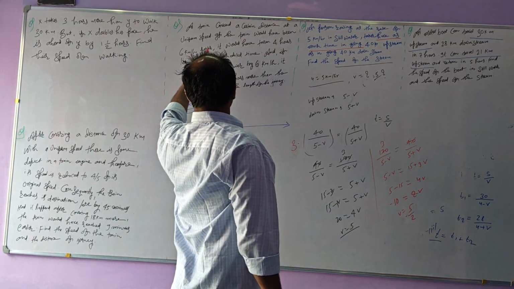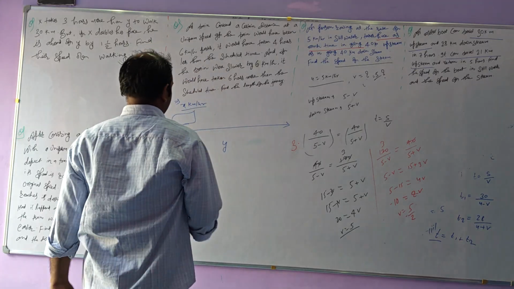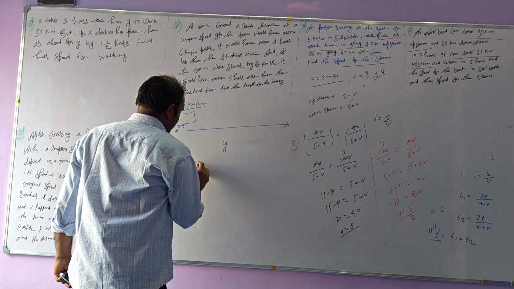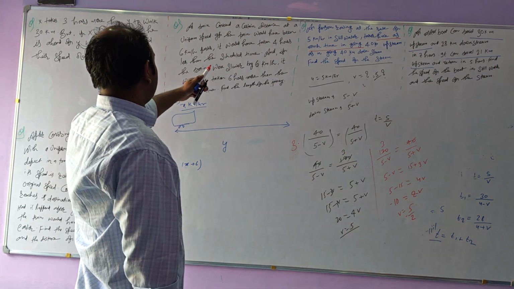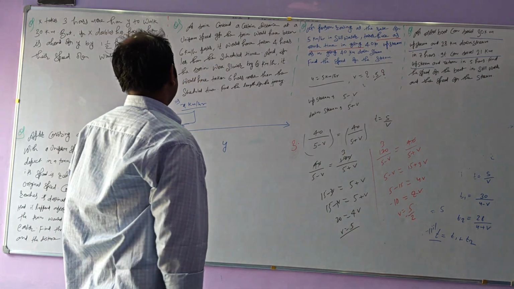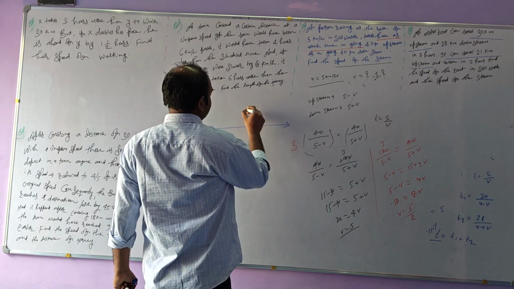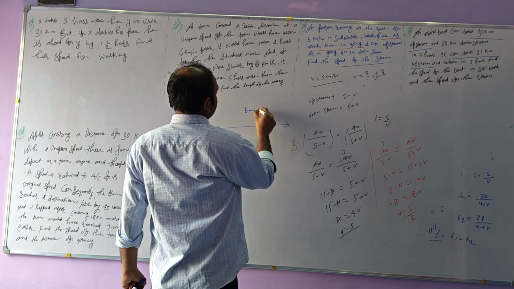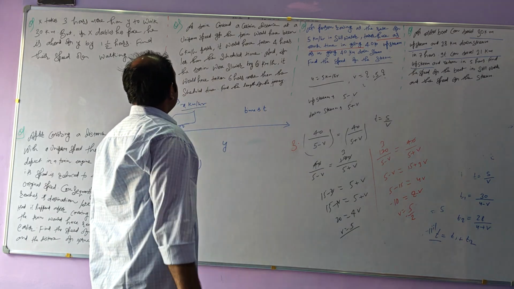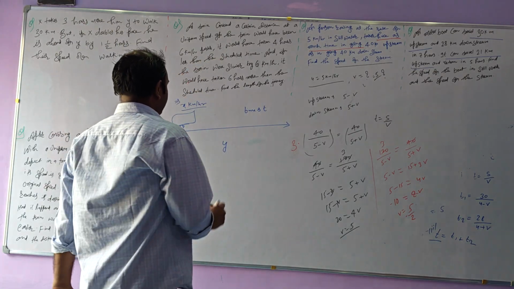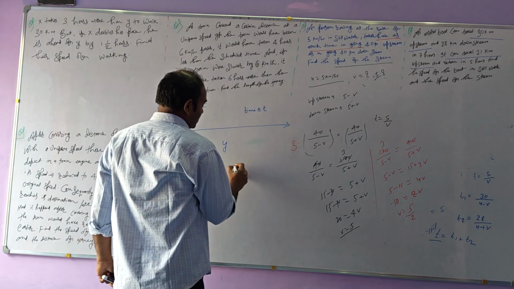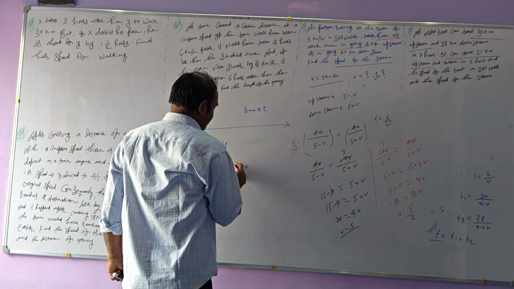If the train would have been 6 km faster, that means x plus 6, it would have taken 4 hours less than the scheduled time. Scheduled time is t. Four hours less means t minus 4.